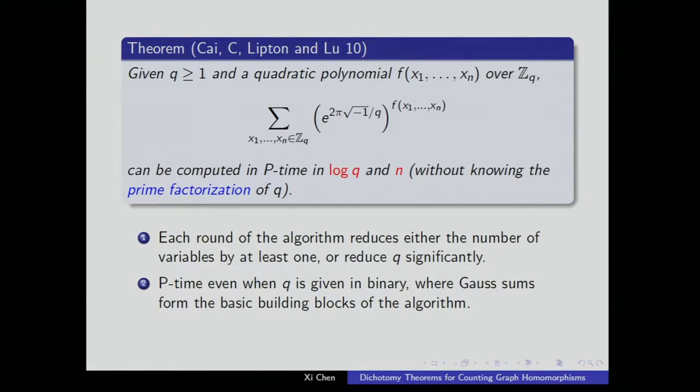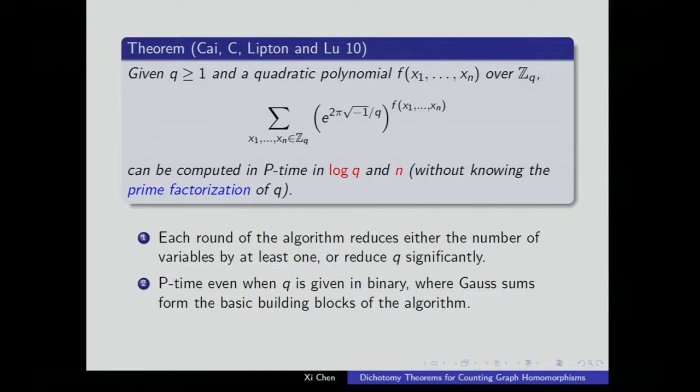The other thing is, when we're interested in the case when Q is given in binary, not fixed but as part of the input, then Gauss sums play a really important role as a building block of the algorithm. The reason being that even if I only have one single variable, x1, I cannot afford to brute force the sum, because it has Q many terms.